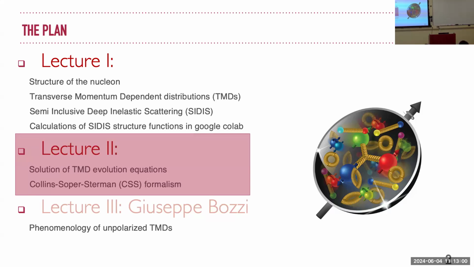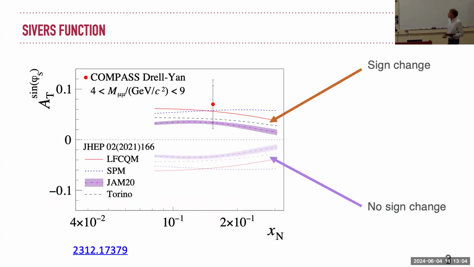So what I'll do is just show the experimental results now. So, the Drell-Yan experiment. Pion-induced Drell-Yan from COMPASS reveals this data point. These are predictions if the sign of the Sivers function is changing. These are predictions if the sign of the Sivers function is not changing.